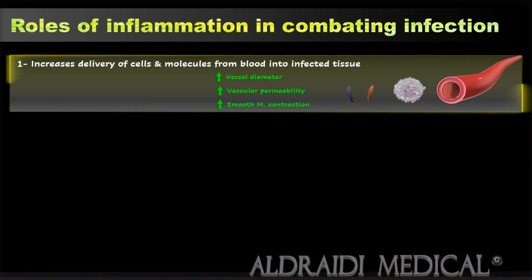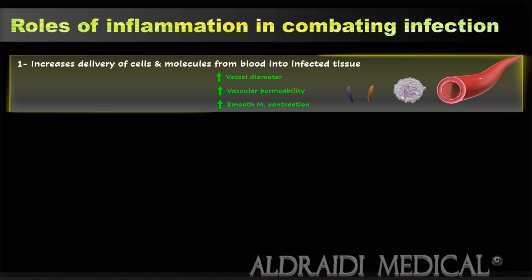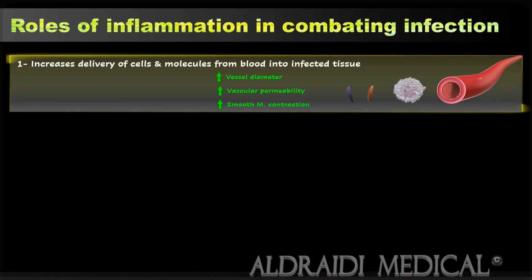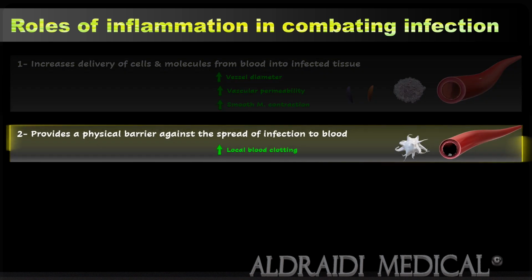Inflammation increases the delivery of effector cells and molecules that are needed from the blood into the inflamed tissue, mainly by vasodilation, increased permeability, and increased smooth muscle contraction. The second role of inflammation in combating pathogens is to provide a barrier which physically prevents the systemic spread of infection in the bloodstream, and this is mainly by the induced effect of local blood clotting.